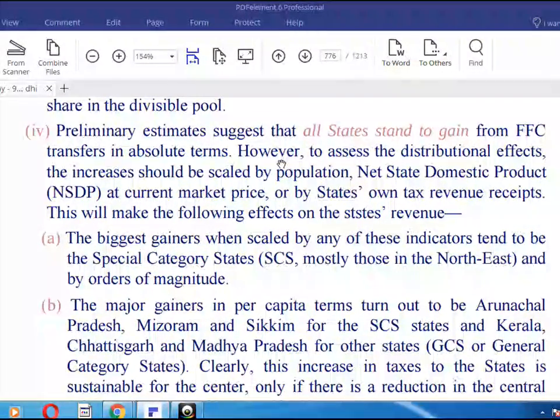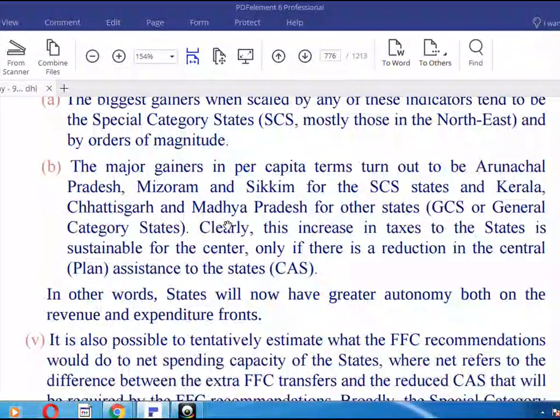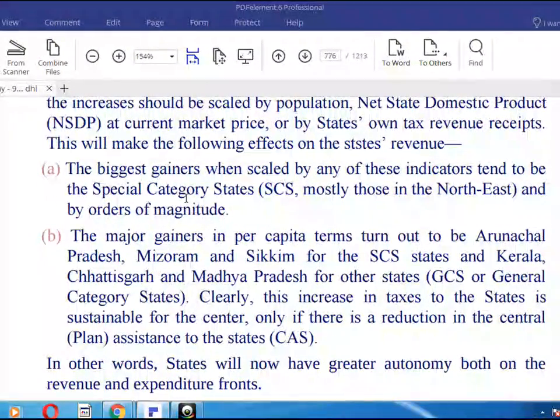However, to assess the distributional effects, the increases should be scaled by population, net state domestic product at current market prices, or by states' own tax revenue receipts. This will show the following effects on the states' revenue. The biggest gainers when scaled by any of these indicators tend to be the special category states, mostly those in the northeast, by large orders of magnitude.